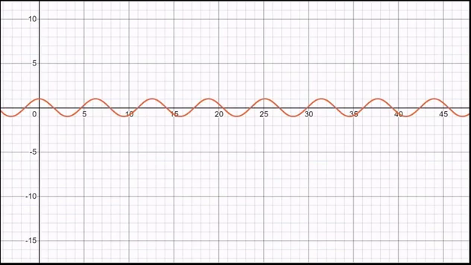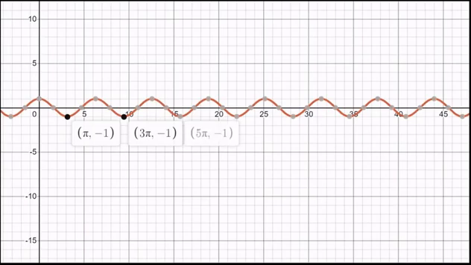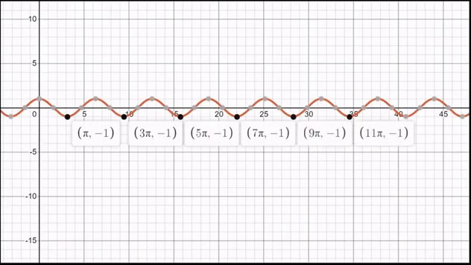This is your cos wave. Now look here, for cos of pi it will be minus 1, cos of 3 pi minus 1, cos of 5 pi minus 1, cos of 7 pi minus 1, cos of 9 pi minus 1, cos of 11 pi minus 1, cos of 13 pi minus 1, and so on.